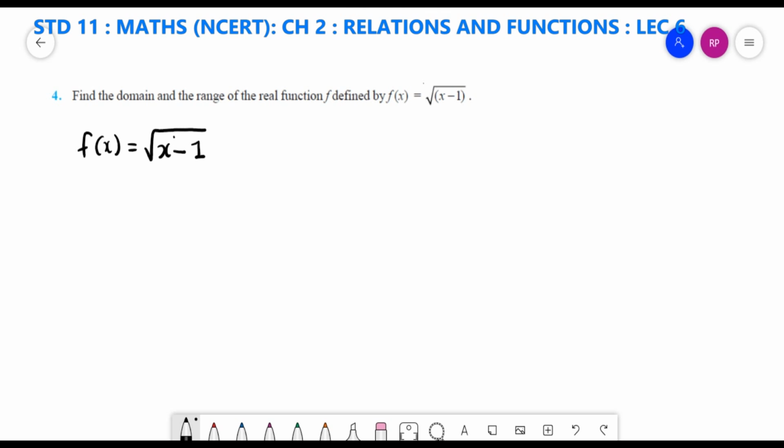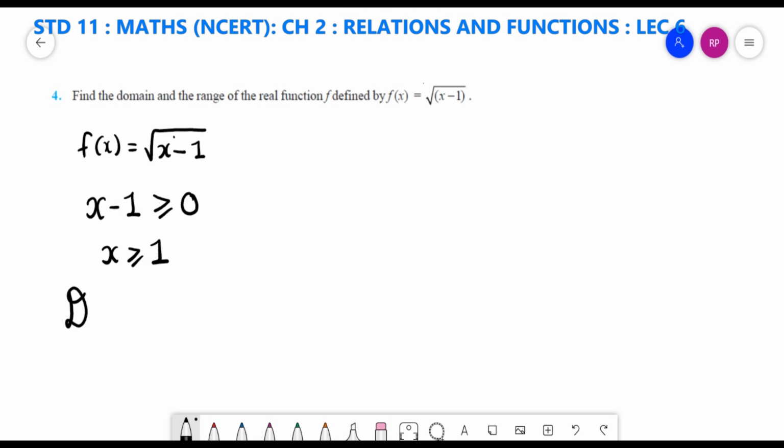Remember, the square root of a negative number is not possible. So that means x − 1 must always be greater than or equal to 0. So x must be greater than or equal to 1.